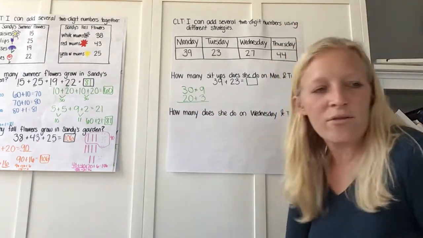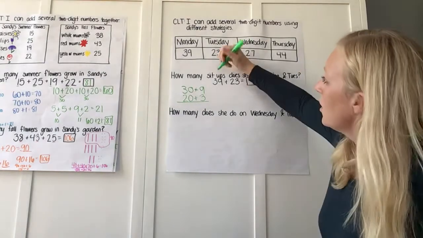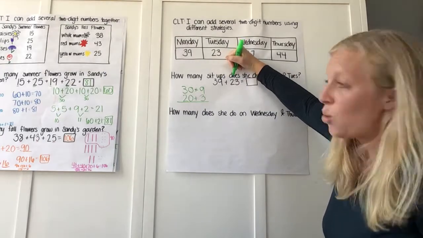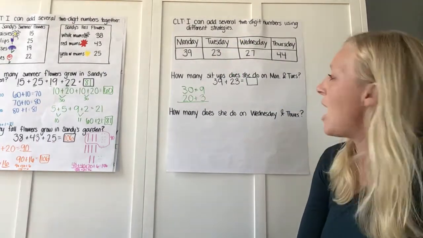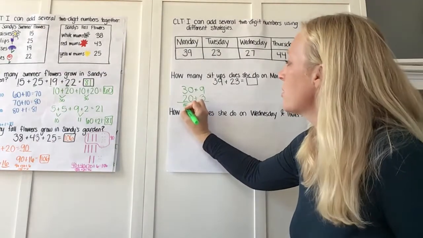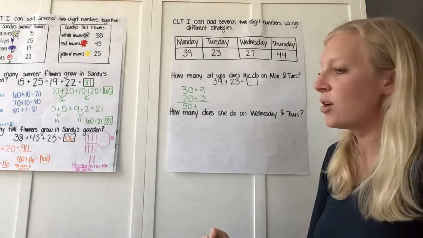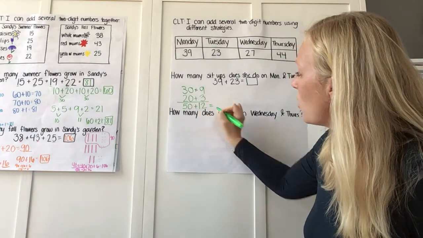Why did they draw 30 plus 9 and 20 plus 3? 39 is made up of 30 and 9. 23 is made up of 20 and 3 if we're writing that expanded form. What did you do next? 30 plus 20 equals 50, okay. 9 plus 3 equals 12, okay. And so what is your total?